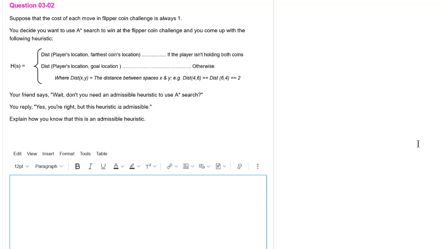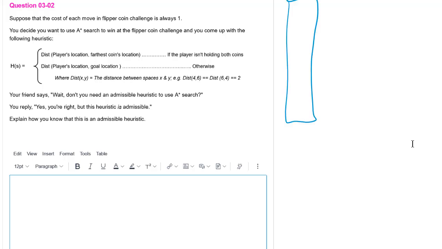And the trick here is to recognize that your goal is not just, say, picking up a coin. You're only at the goal state when you have picked up both coins and brought them back to the state that is labeled G in the problem.